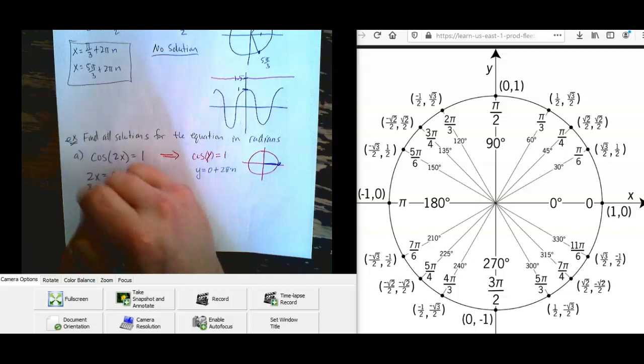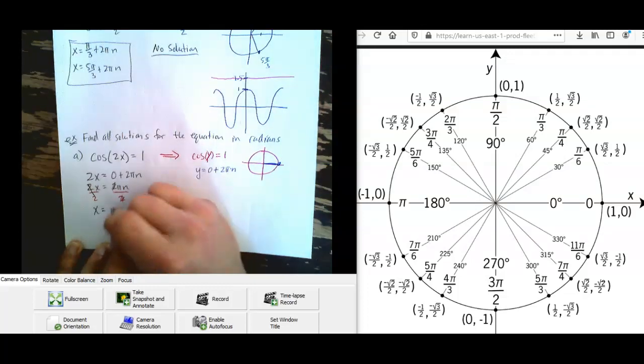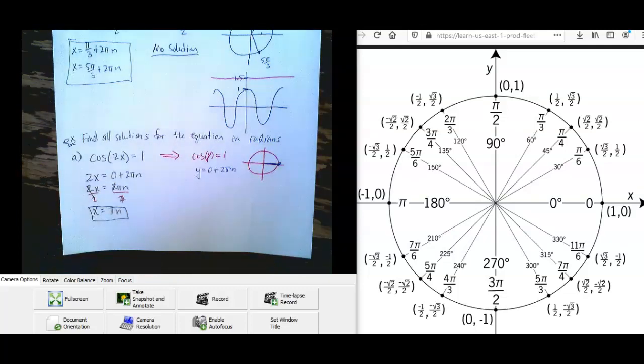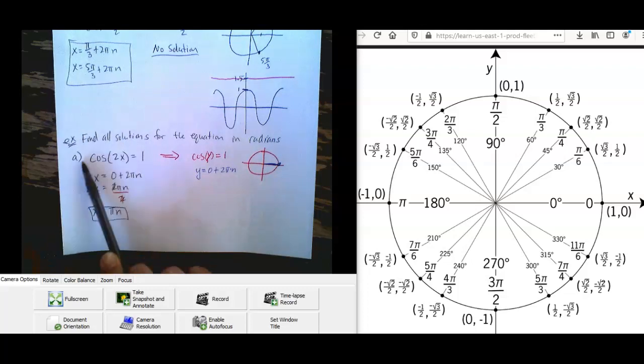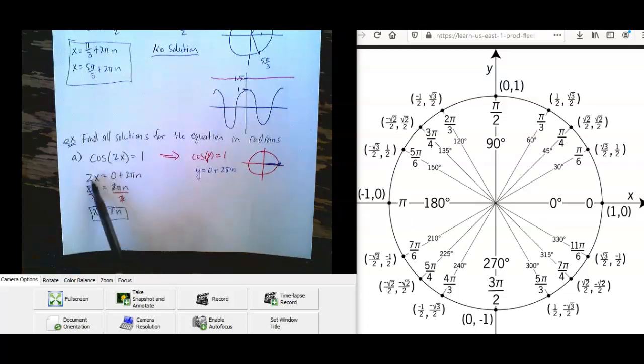So our final answer is x equals, these 2's will cancel, pi n. So once again, we kind of cover up the inside, and ask ourselves, where's the cosine equal to 1? Well, that happens at 0 plus 2 pi n. So we set that inside bit equal to it, and then solve. Okay?